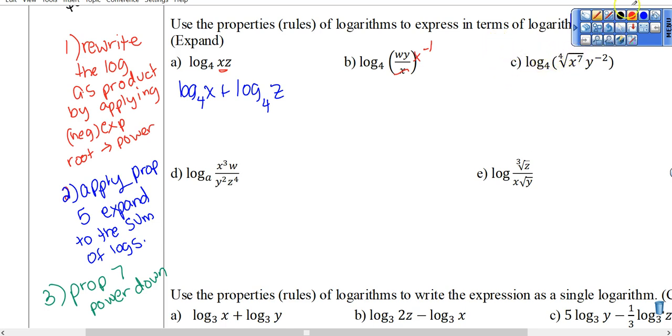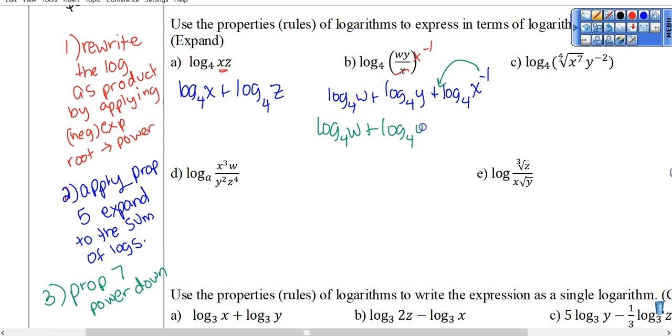Okay, and then grabbing my blue pen now, I can go ahead and expand that out as a sum of log base 4 of w plus log base 4 of y plus log base 4 of x to the negative 1. And then step 3, power down. So I don't need to bring any powers down there, but here I'm going to power down that negative 1. So final answer, log base 4 of w plus log base 4 of y minus log base 4 of x.